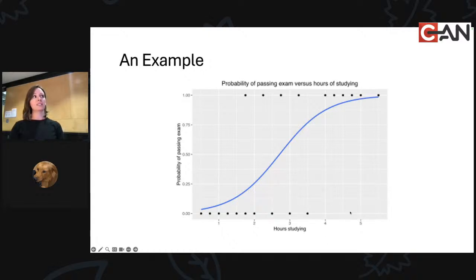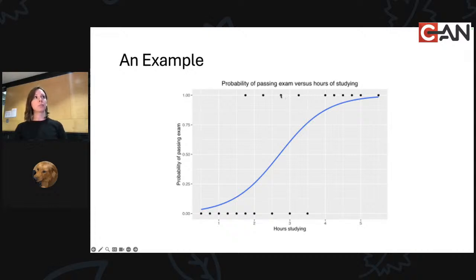So here on the x-axis is how many hours they spent studying. And these dots say whether they passed or not. So this is a discrete outcome because they either didn't pass the exam or they did pass the exam. There are no numbers in between. They can't halfway pass the exam. But you can see that there is some ambiguity here, right? So if we look at somebody who spent 3 hours studying, there is one individual who did not pass the exam, but there's equally another individual who did pass the exam that spent just over 3 hours.